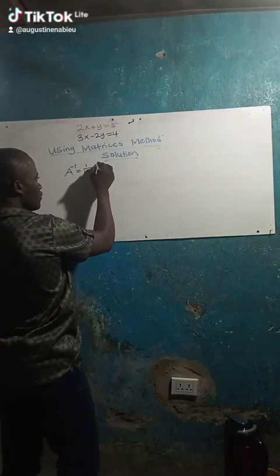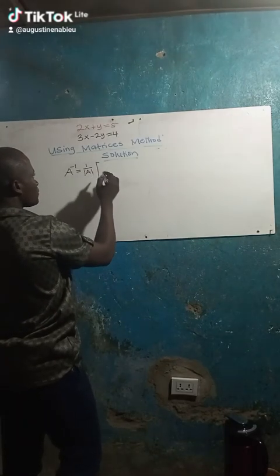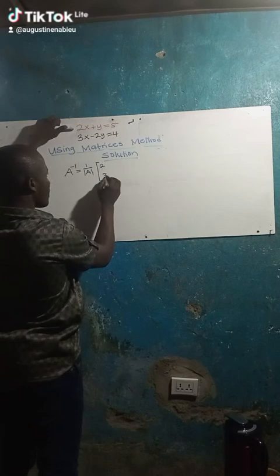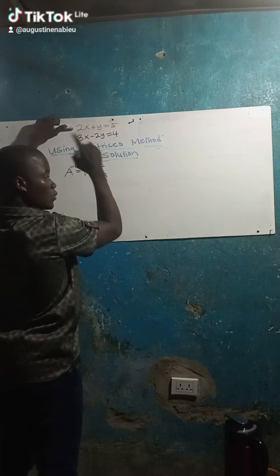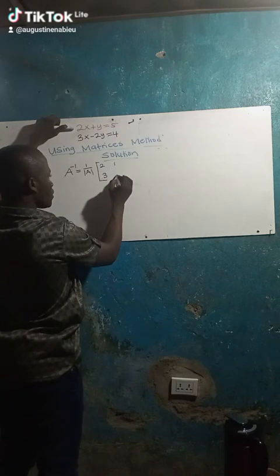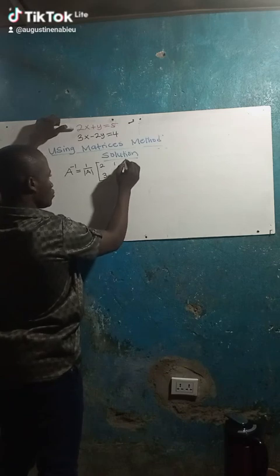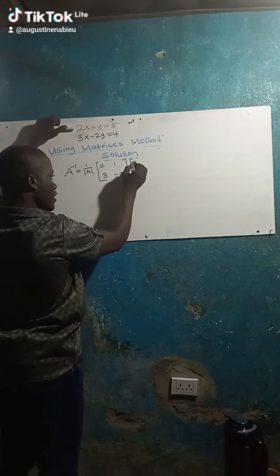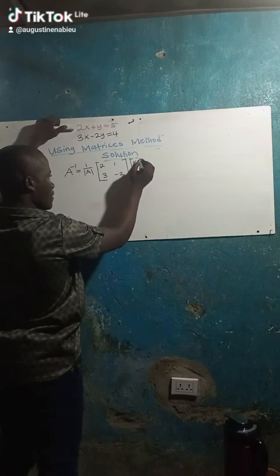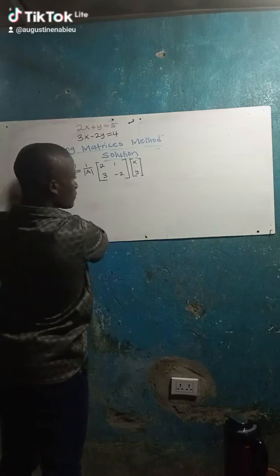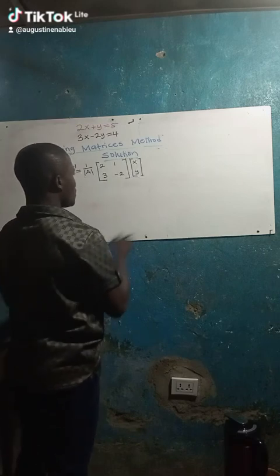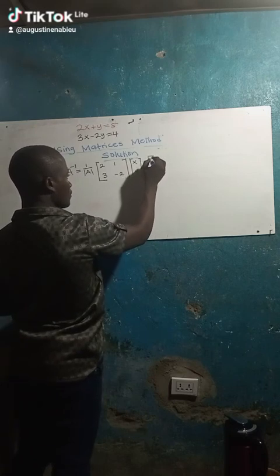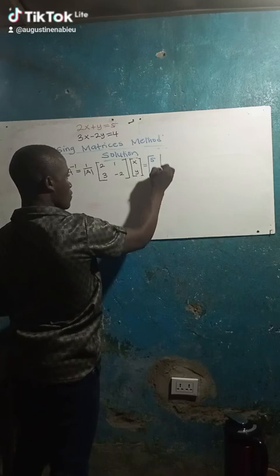Write the matrix 2, 3, 1, minus 2, multiplied by x and y, which is equal to 5 and 4.